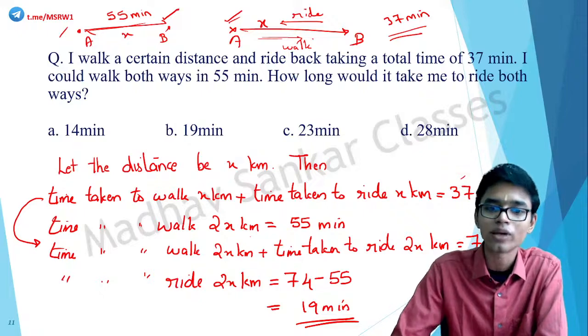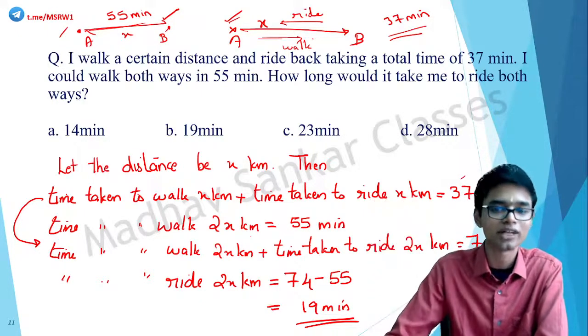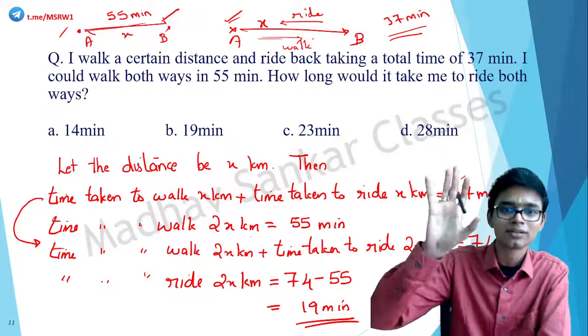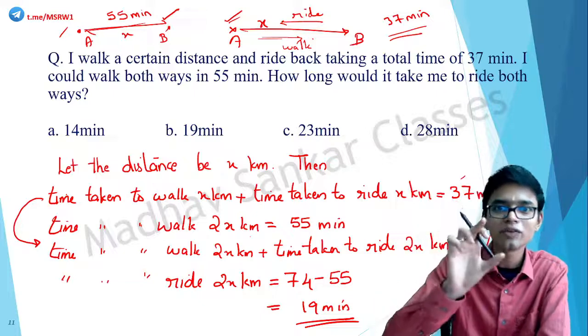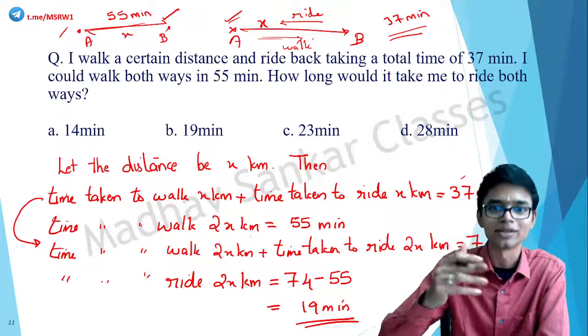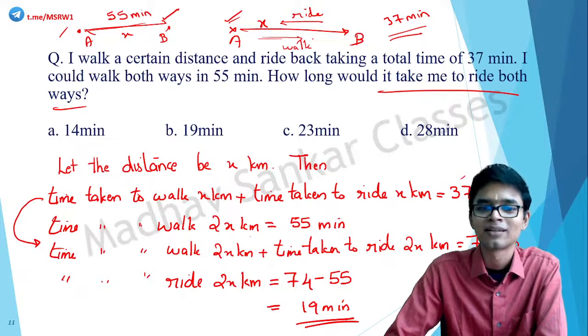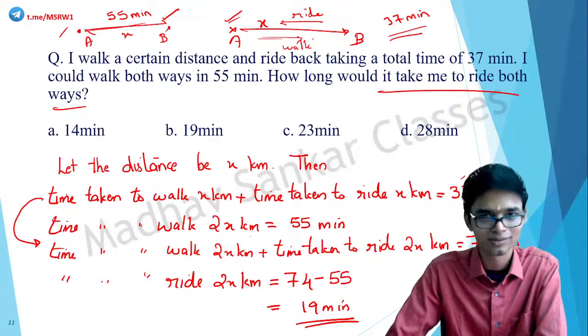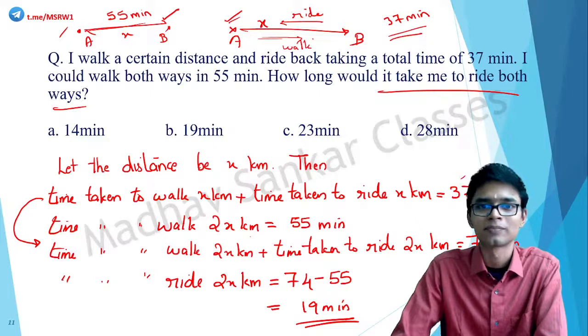Time taken to walk 2x kilometers plus ride 2x kilometers is equal to 74 minutes. So subtract the first one, 55, from 74. That will give you the time taken to ride 2x kilometers. And that is what is being asked in the question. Got it? No huge mathematical things or anything. Very simple, very direct, simply based on logic.